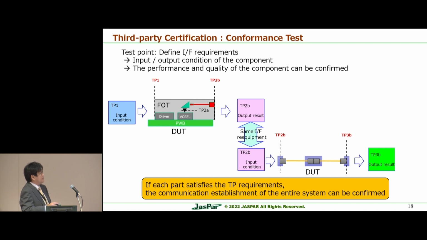And IEEE also specified the TP3 as well, so we can compare the result with the TP3 specification, and if it meets the criteria, then this DUT complies with the international standard specification. So if each part satisfies the TP requirements, the communication established over the entire system can be confirmed. So if one component complies and another complies, then the total system can comply with the specification.